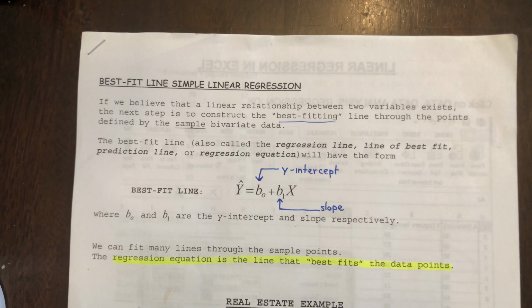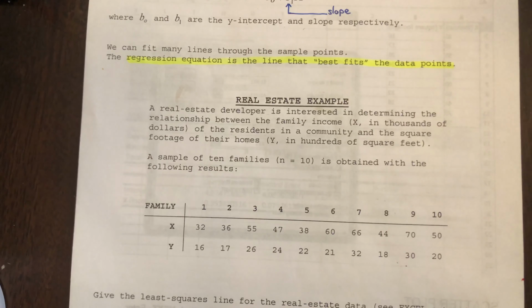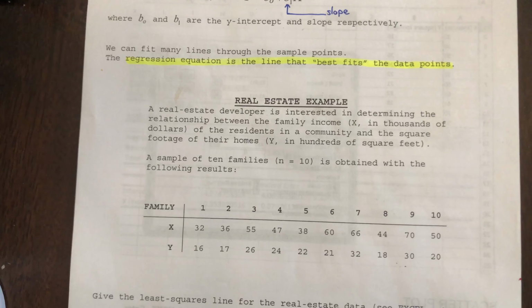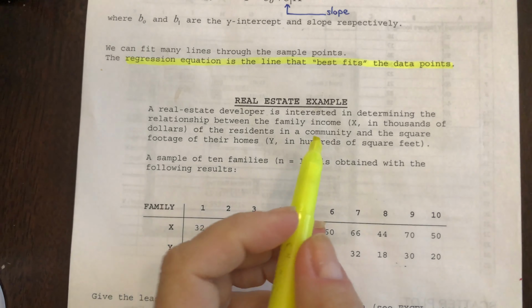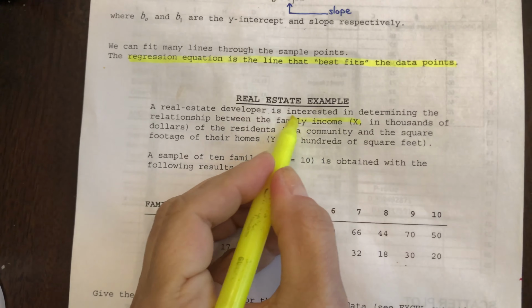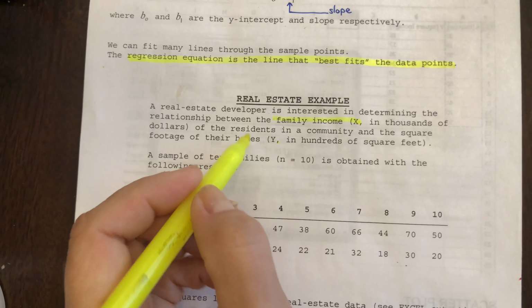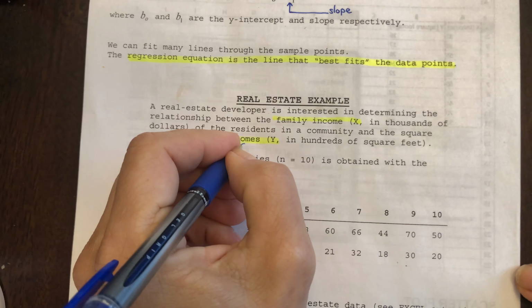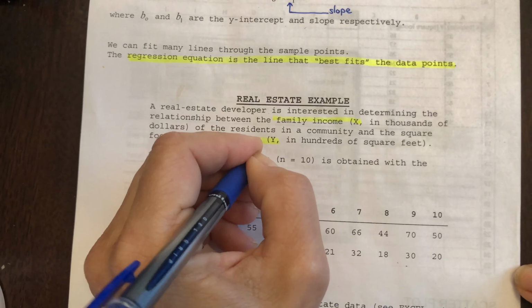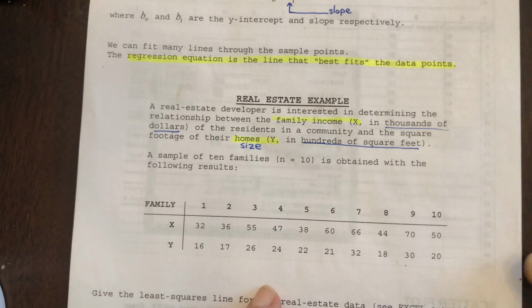I want to remind you about the example that we did last time with correlation. We were talking about a real estate developer who was interested in determining the relationship between family income, which was X, and the square footage or the size of their homes, so the home size, which was Y. Remember that they were in specific units: income in thousands of dollars and home size in hundreds of square feet.